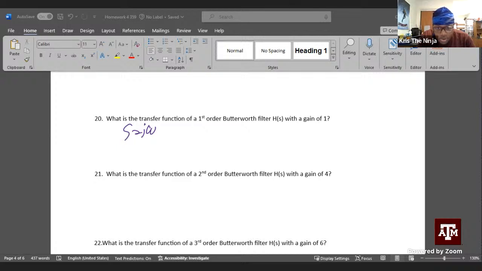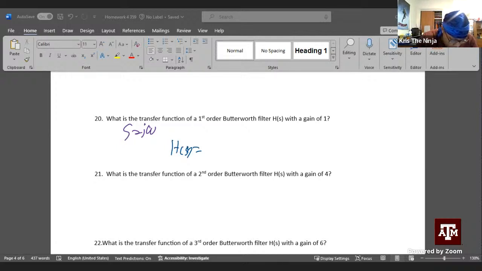H(s) equals what was K? K represents stage gain.